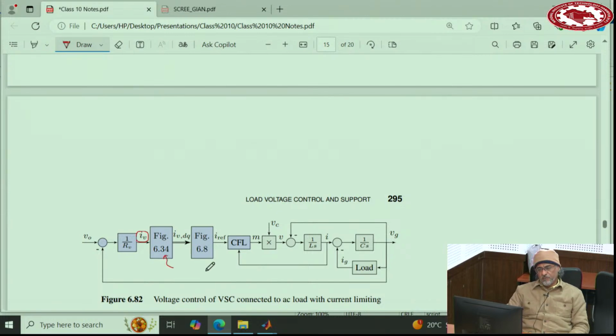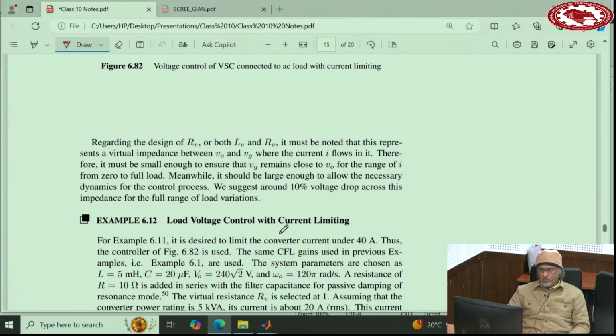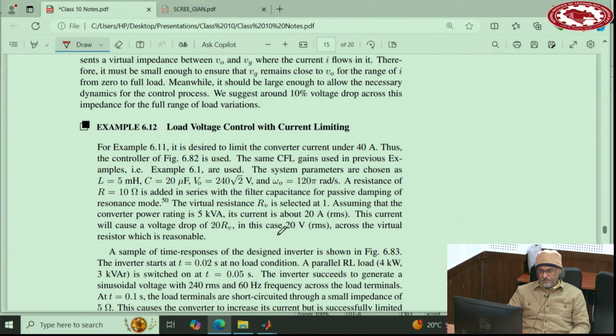You limit it, and after you limit, you convert back to AC, and then this is the current feedback loop that we already discussed, closed on this current. So this is the approach with current limiting.